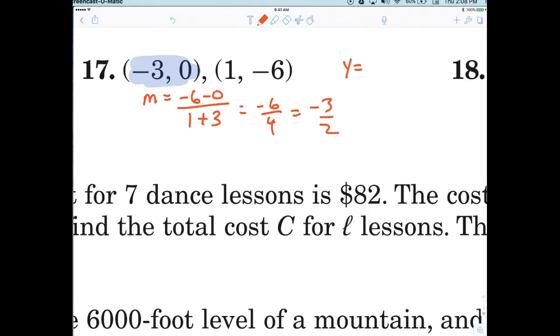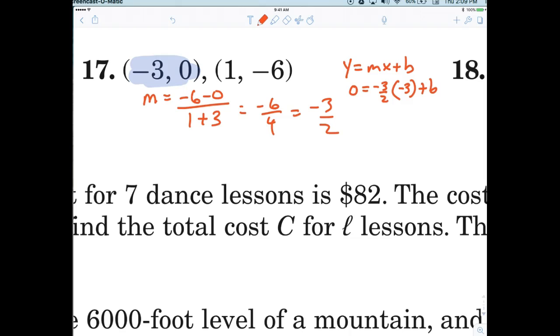Now, y equals mx plus b. What's the y value? 0 equals, what's the slope? What's the x? All right, now's your chance to see if you refreshed your fractions. -3/2 times -3 is, everybody, 9/2. You got to know that.